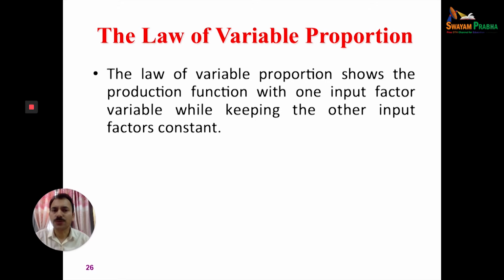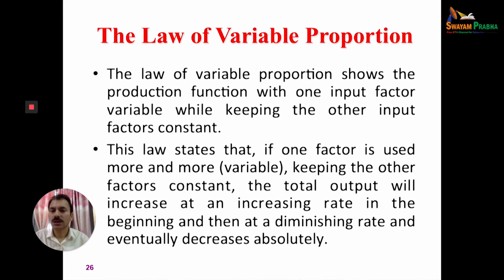The law of variable proportion shows the production function with one input variable while keeping the other factors constant. This law states that if one factor is used more and more, keeping the other factors constant, the total output will increase at an increasing rate in the beginning, then it will increase at a diminishing rate, and eventually it decreases absolutely.